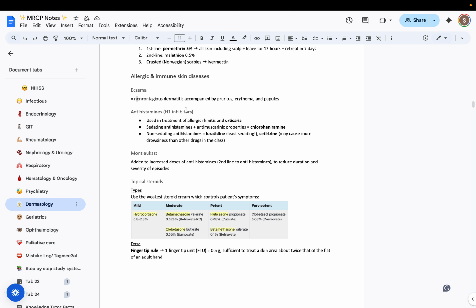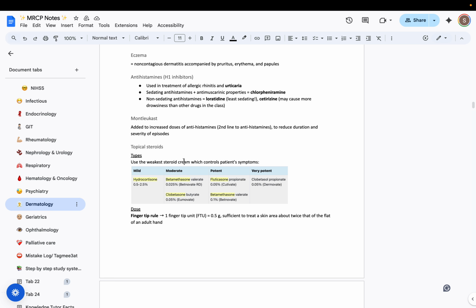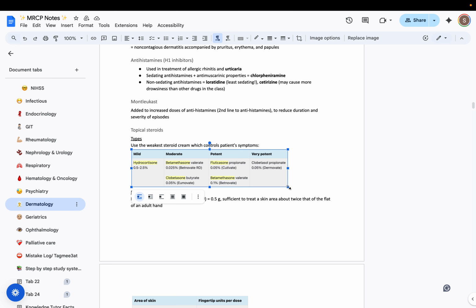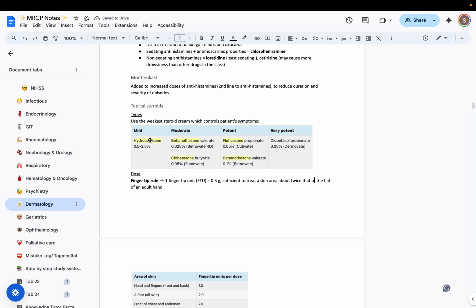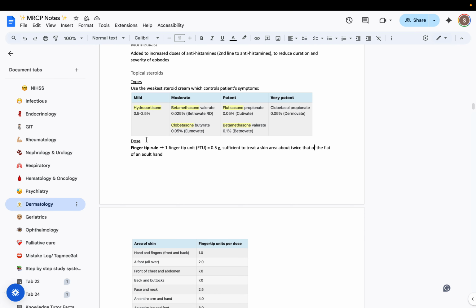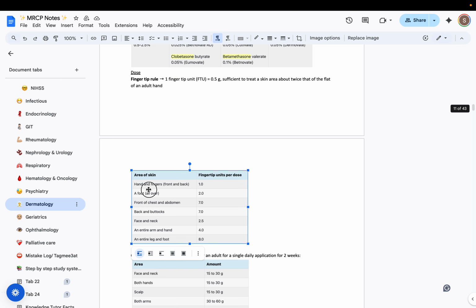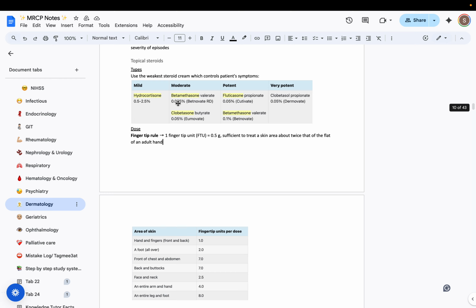Now for topical steroids, the rule is to use the weakest steroid cream which controls the patient's symptoms. So the mildest is hydrocortisone, 0.5 to 2.5%. For moderate, it's betamethasone 0.025.